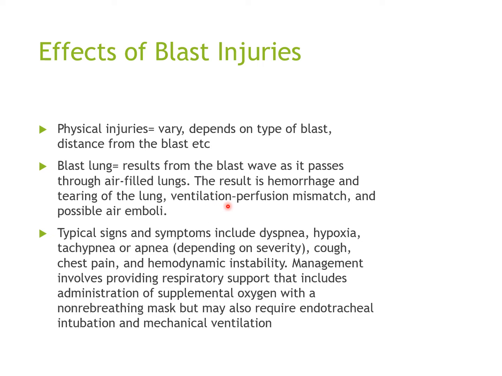Then you're going to have ventilation perfusion mismatch and possible air emboli. This is going to show up as dyspnea, hypoxia, tachypnea, or apnea, depending on the severity, cough, chest pain, and hemodynamic instability. So here you just want to provide respiratory support as quickly as possible. The patient may also need things like endotracheal intubation and mechanical ventilation.